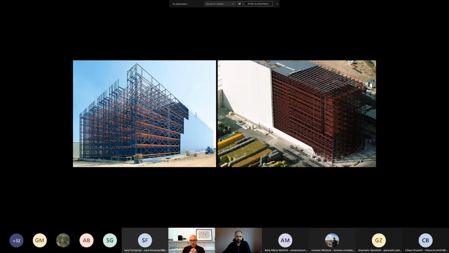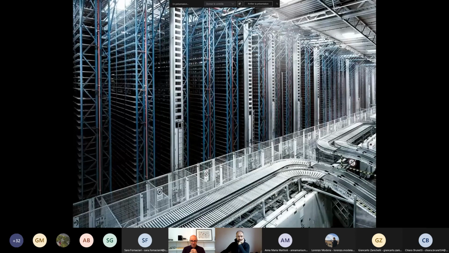And I believe that architecture is also changing very dramatically based on those things.